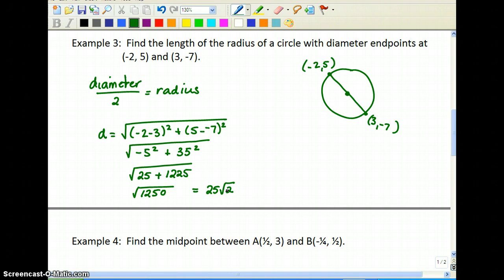So that's the whole diameter. This distance is 25 root 2. So the radius would equal 25 root 2 divided by 2, or 12 and a half root 2.